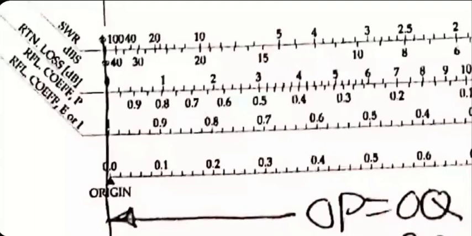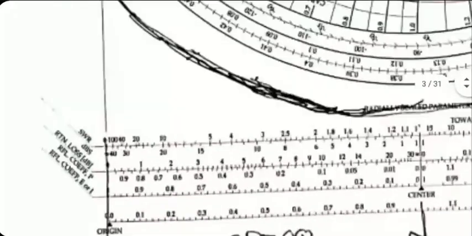After 0.9, 0.92, 0.94, 0.96, 0.98, and 1. You will get 1 as the magnitude of the voltage reflection coefficient graphically, which is same as what we got using the analytical equation. How about the angle of reflection coefficient?